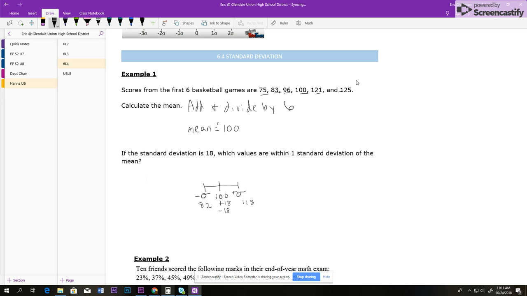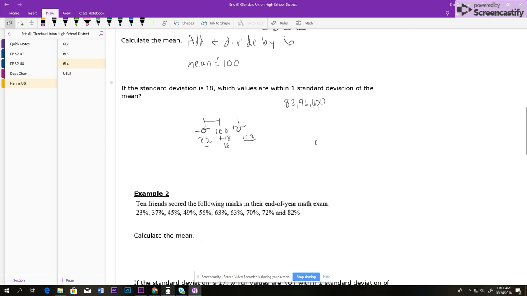So the values within 1 standard deviation of the mean are 82 to 118. That would be 83, 96, and 100.